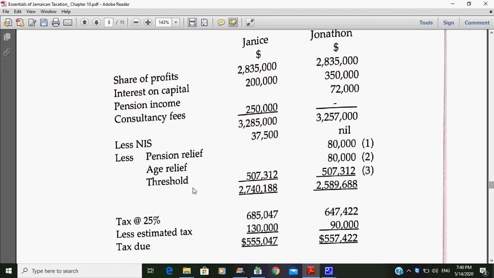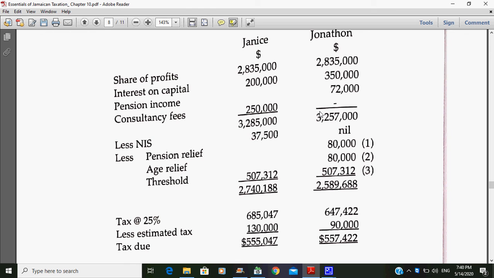After we have gotten to this part, what we are doing here is looking to calculate the tax that each person would pay individually. Remember that tax is paid individually by partners. If there's a partnership, you don't pay tax on the partnership.